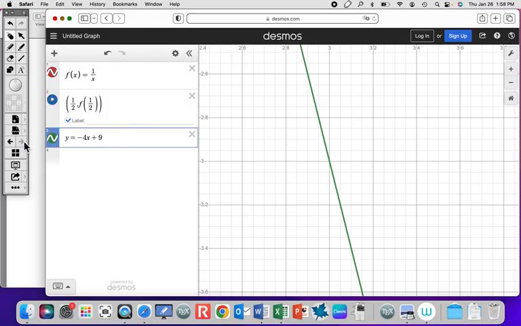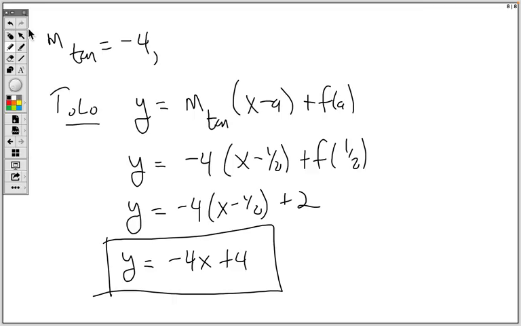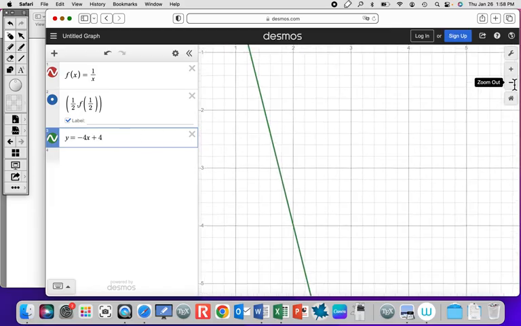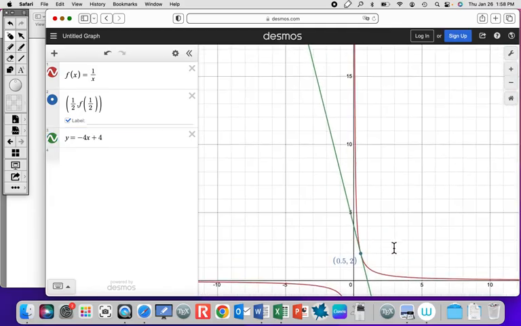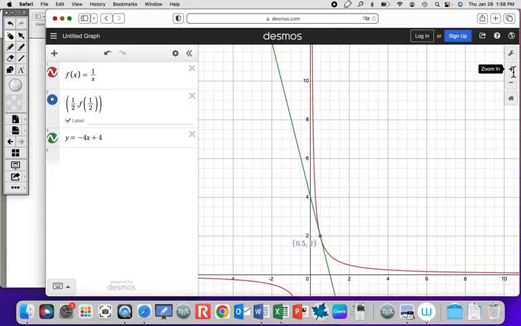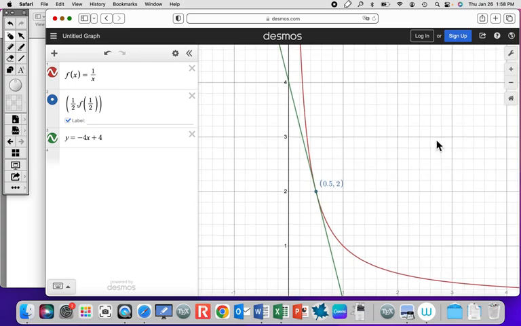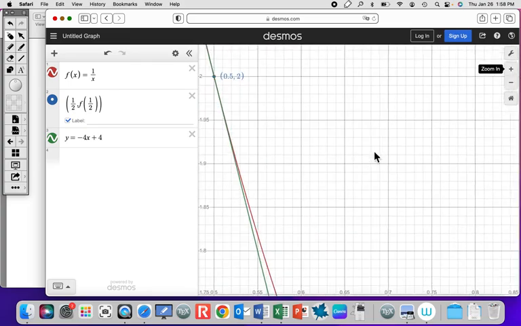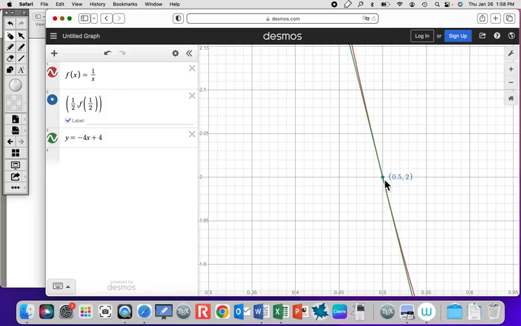We're looking at y equals negative 4x plus 4. So let's zoom out here and see what we can see. Here we go. Looking good. There's the point there on the graph. And we can see that as we get near the point 1/2 comma 2, the graph of the function and the graph of the line become indistinguishable.